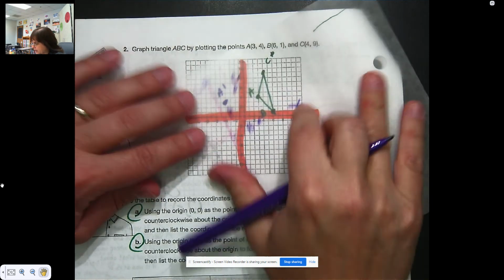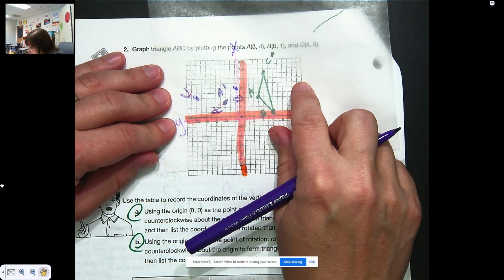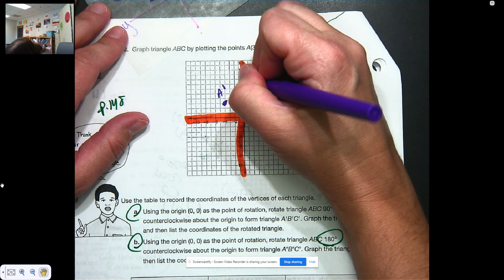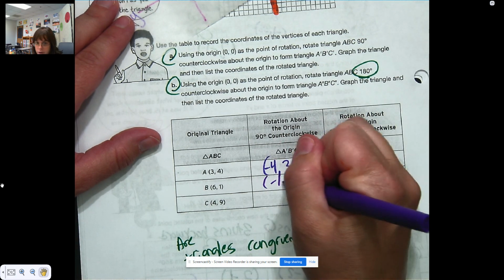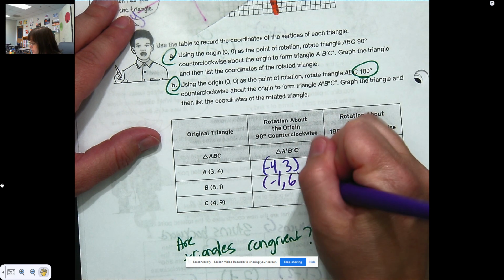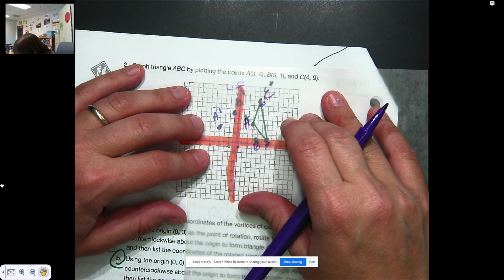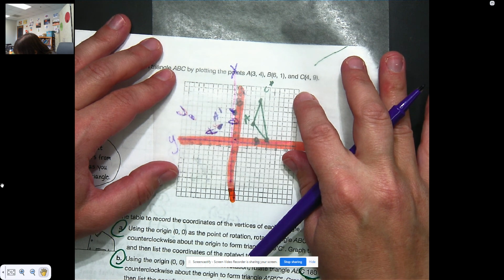Then I have to go back. B goes from being 6, 1 to being negative 1, positive 6. And then I'm going to come down and put negative 1, positive 6. And then C goes from being 4, 9 to being negative 9, positive 4.